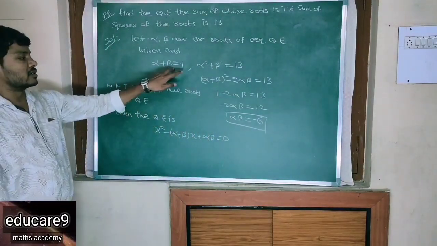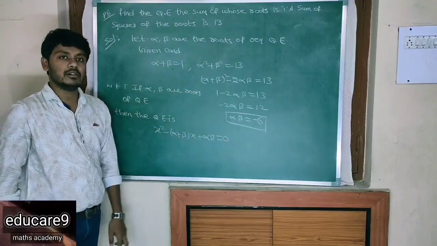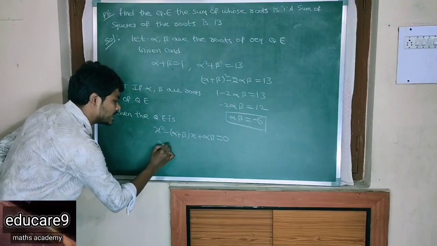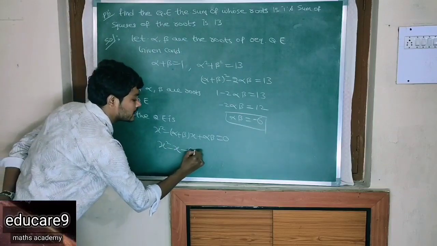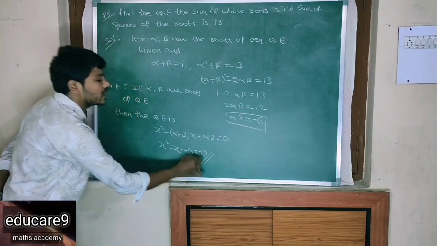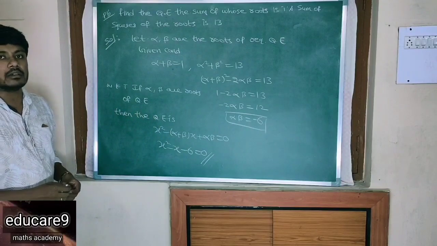Now substitute the values of alpha plus beta and alpha beta. So that is x square minus x minus 6 equals to 0, which is the required quadratic equation.